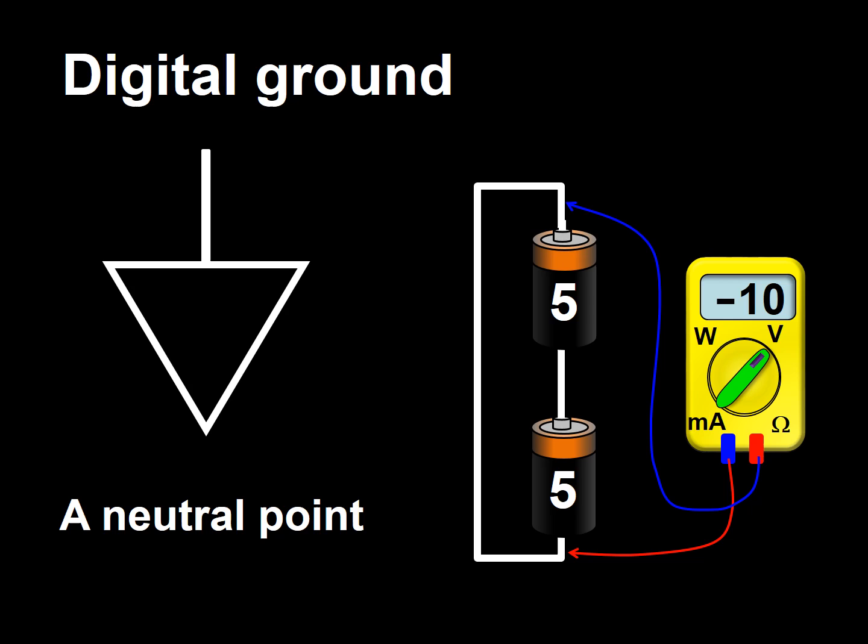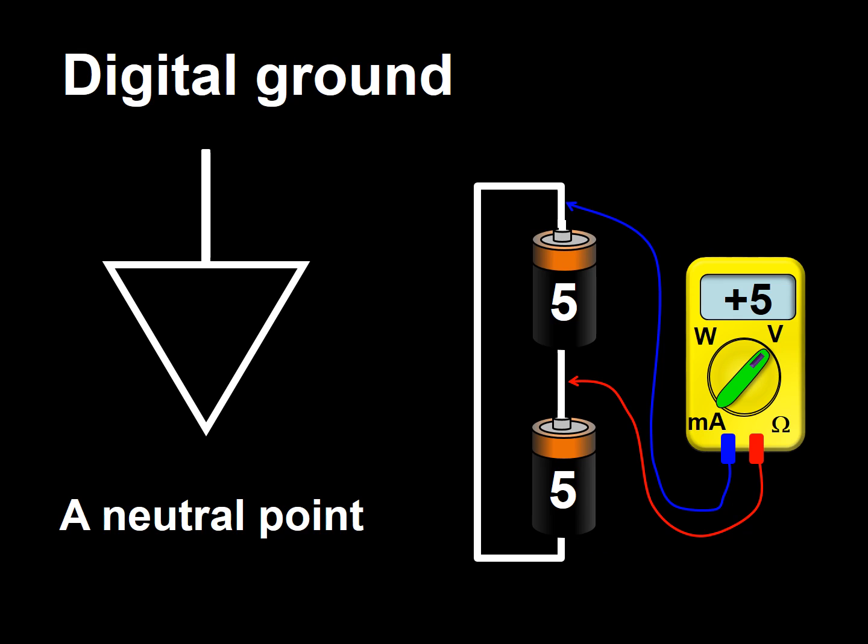On the other hand, if we invert the contacts of the voltmeter as shown in this frame, and if the voltmeter is capable of displaying negative values, the voltmeter will show a negative 10 volts. Negative 10 volts is a mathematical term, not a galvanic term.